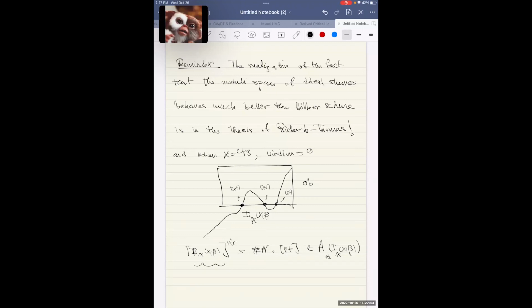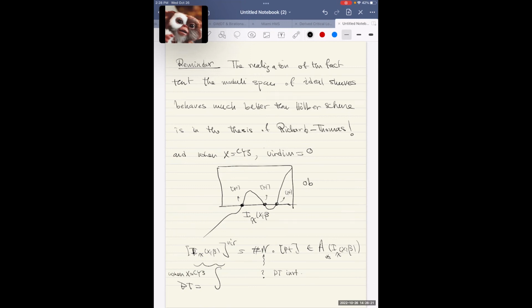So if I calculate this number of points, then that's essentially the Donaldson-Thomas invariant. This is what the Donaldson-Thomas invariant is, when X is Calabi-Yau 3.